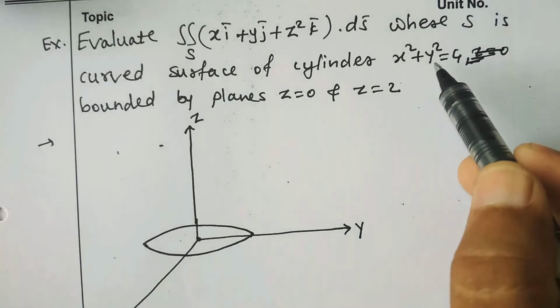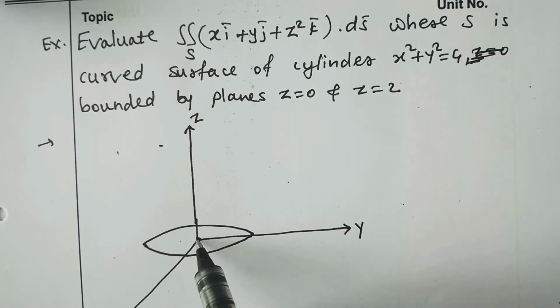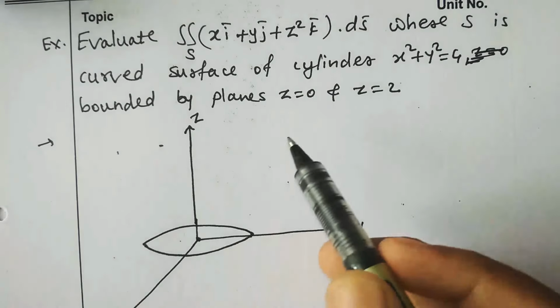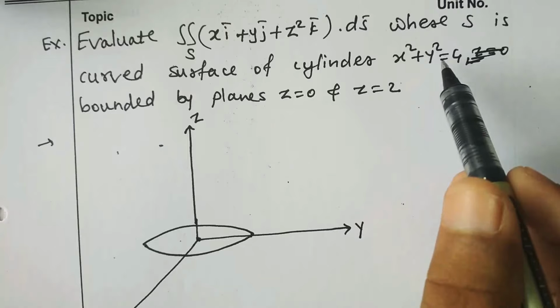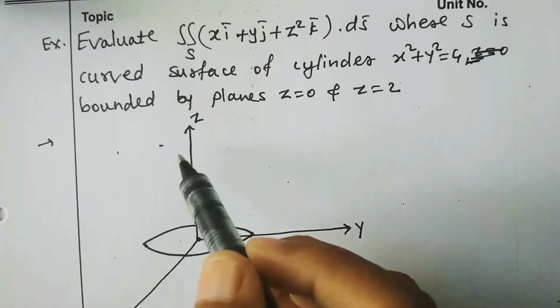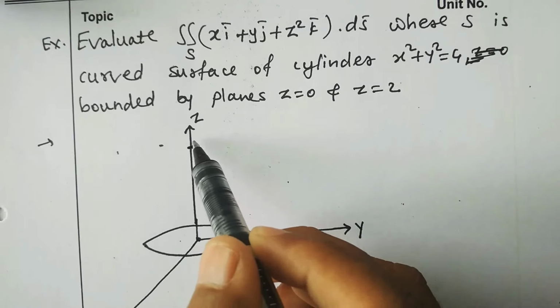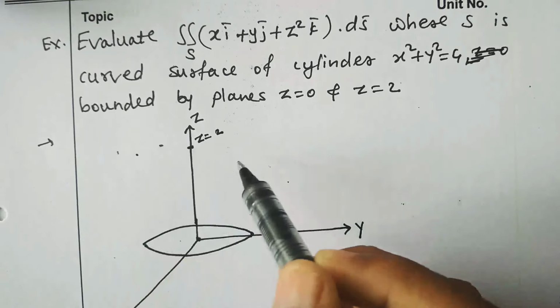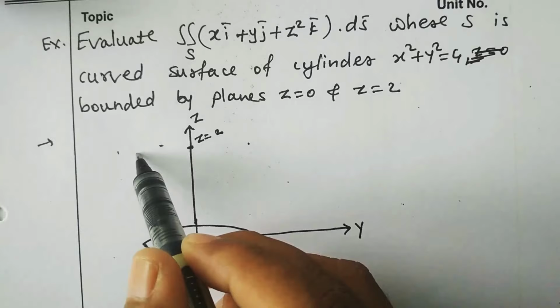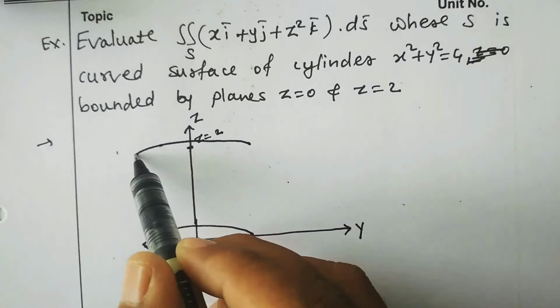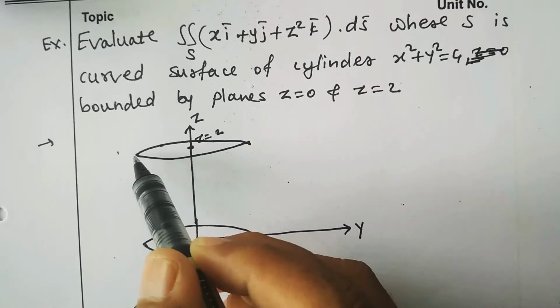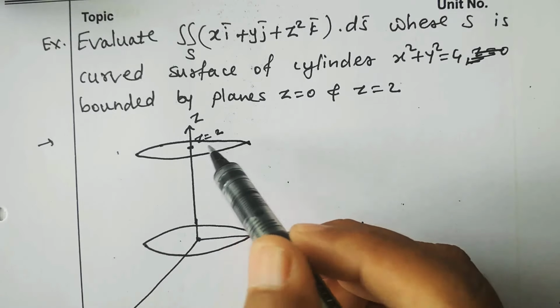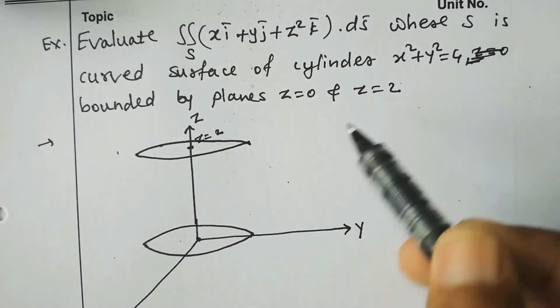Again we have to draw the same circle x square plus y square equals 4 at z equals 2. So suppose here somewhere is the point z equals 2, and again we draw the circle.